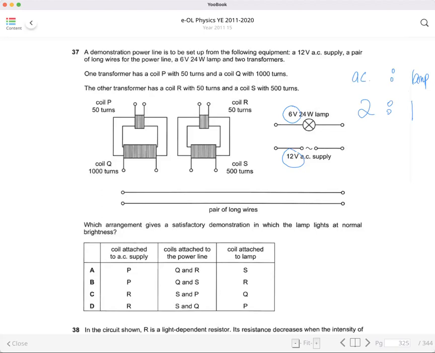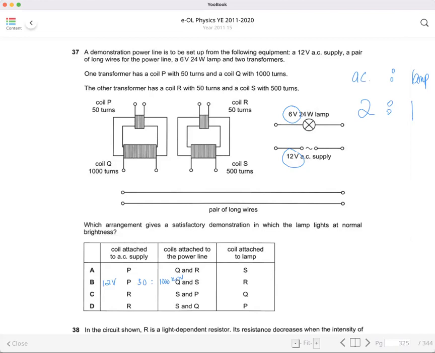Okay, we go through one of the answers that you all gave me. Yiting gave me B, for example. If I put P as 50 here, so it's 50:1000. Your AC is 12 volt. 12 volt divided by 50 times 1000, your Q will be 240 volt.